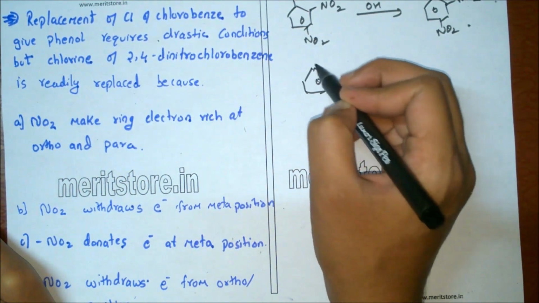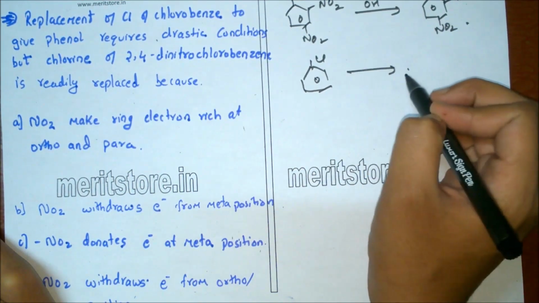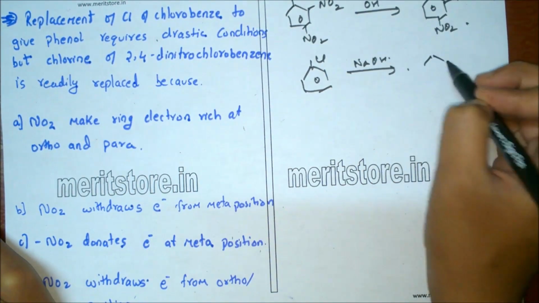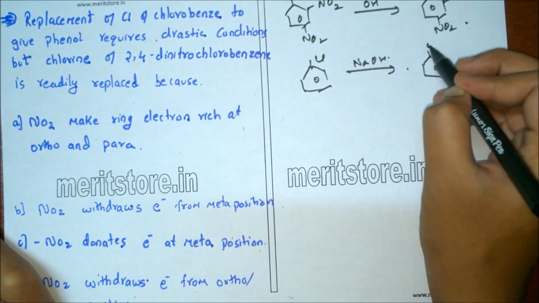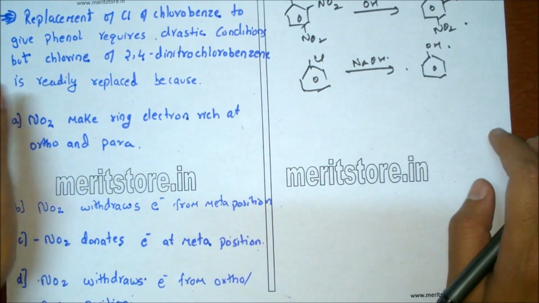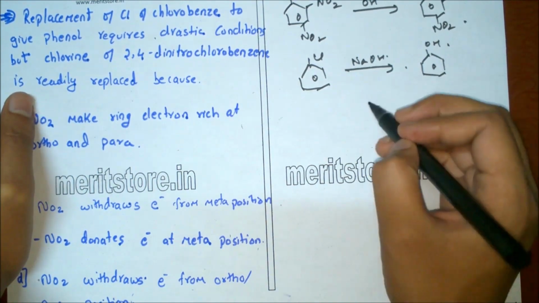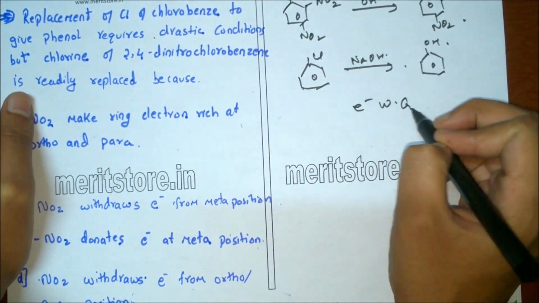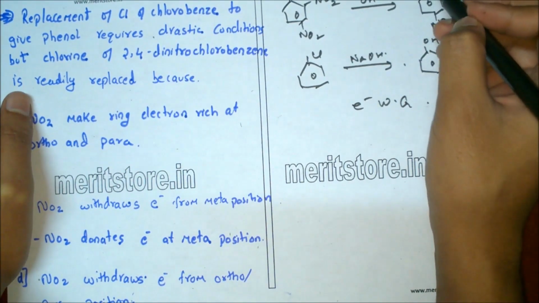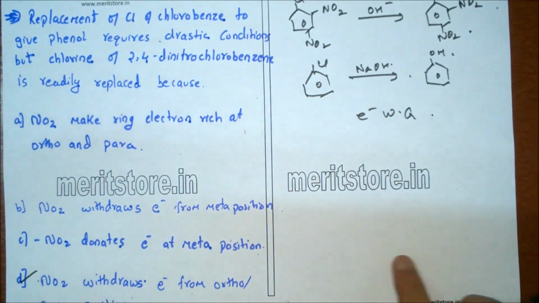And for chlorobenzene, it requires pressure and temperature for the replacement. This is because the NO2 group withdraws electrons, as it is a strong electron withdrawing group, from ortho and para positions. So option D is the correct answer.